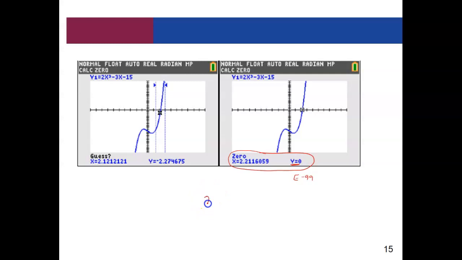So you've solved the equation 2x to the third minus 3x minus 15 equals 0. We found that the answer is 2.21. It just depends on your directions as to how many decimals to give here. And that one's not one that we could easily solve algebraically.